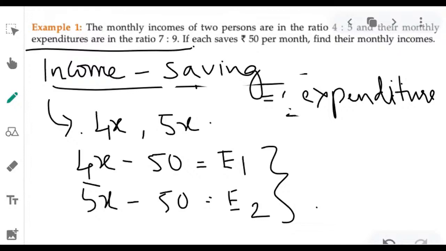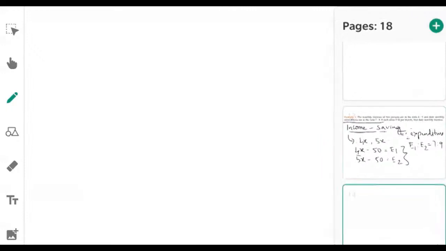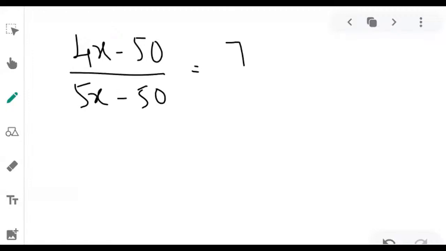Vinay? Yes, ma'am. So tell me, E1 is to E2 is equal to 7:9. So 4x minus 50 by 5x minus 50 is equal to 7/9.